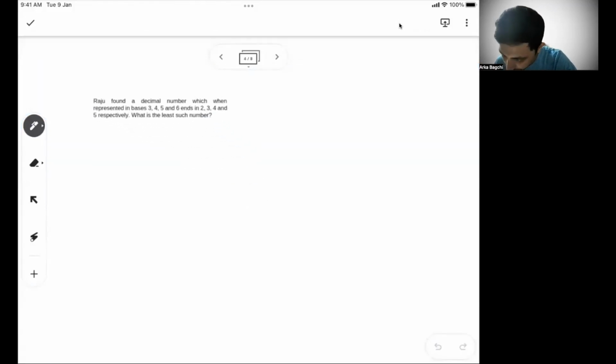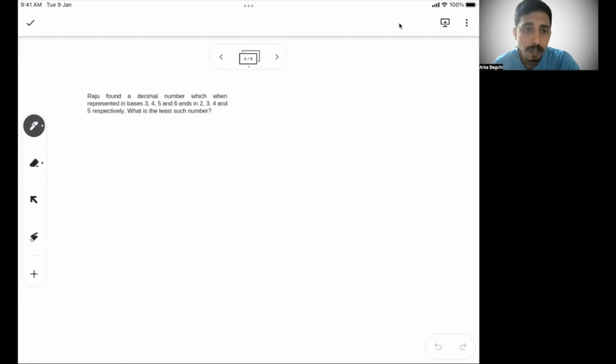Let's move to the next problem. Rajiv found a decimal number which has been represented in base 3, 4, 5, 6 and ends in 2, 3, 4, 5. Okay. Now, there is a decimal number. Let's say the decimal number is x in decimal, which Rajiv is trying to convert.